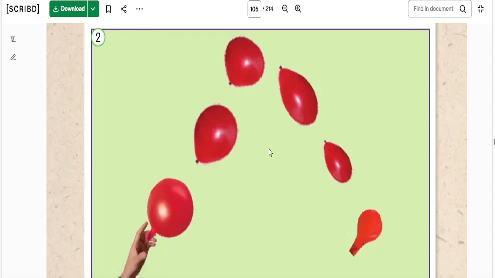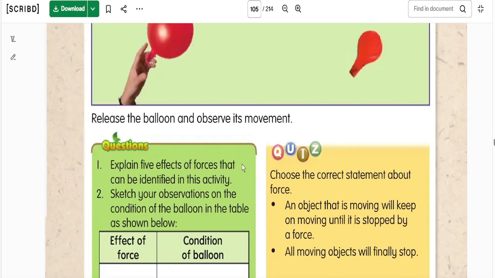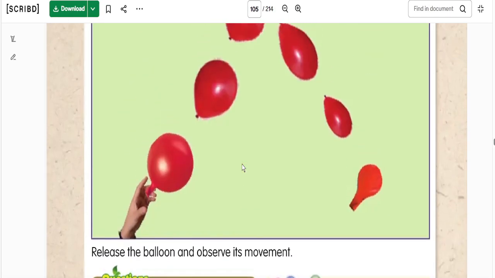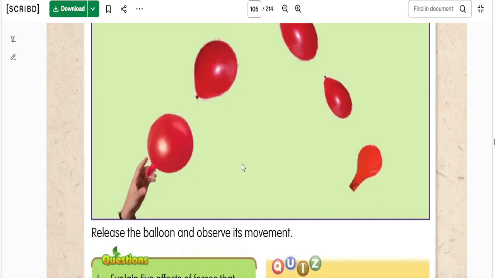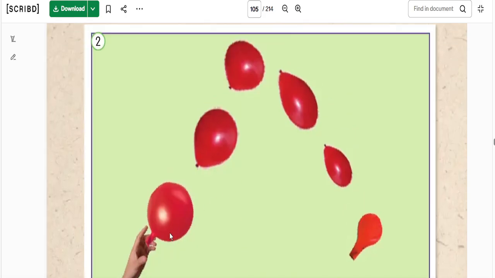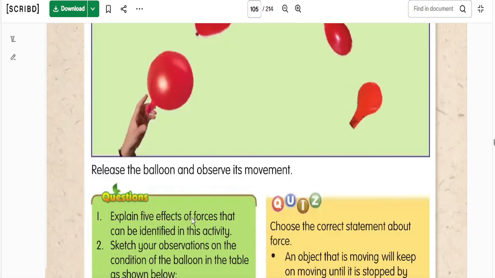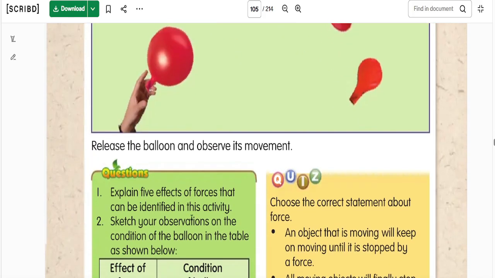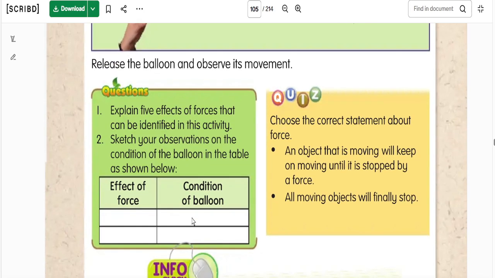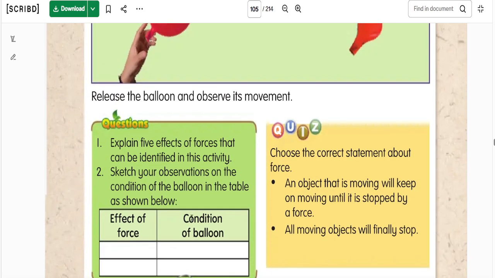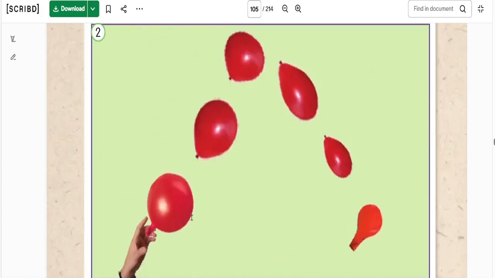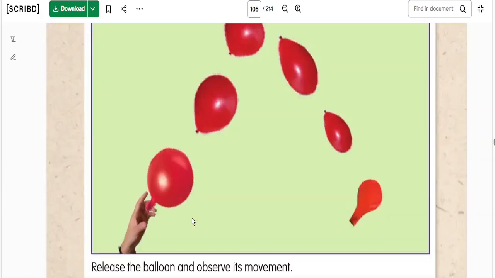This is how it is going to look. You can see when you are applying force, first of all its shape has changed, right?